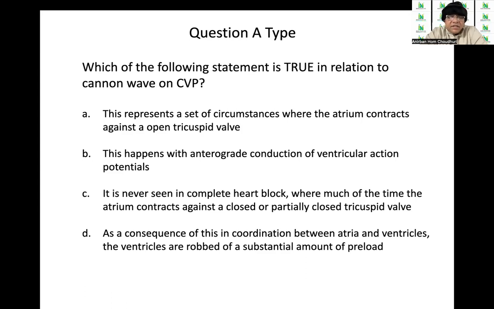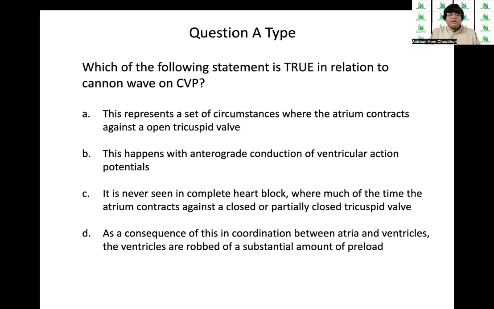C, it is never seen in complete heart block, where much of the time the atrium contracts against a closed or partially closed tricuspid valve. Or D, as a consequence of this incoordination between atria and ventricles, the ventricles are robbed of a substantial amount of preload.